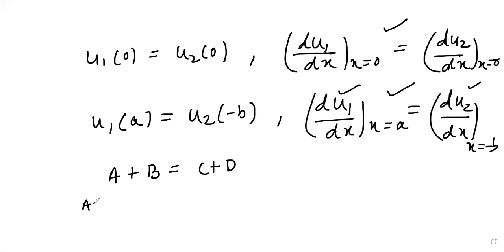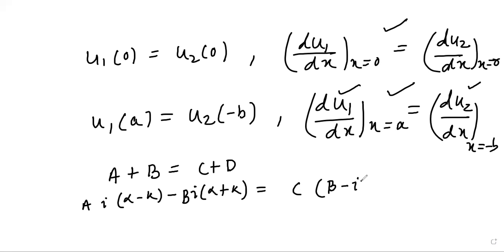The second equation gives us a times i(alpha minus k) minus b times i(alpha plus k) equals c times (beta minus ik) minus d times (beta plus ik).